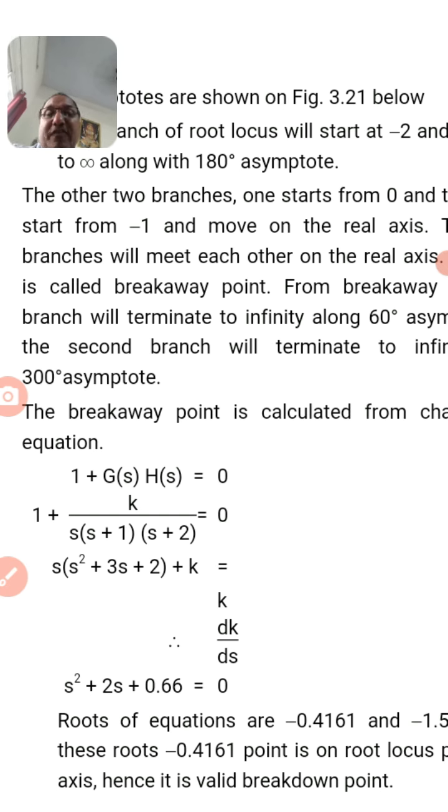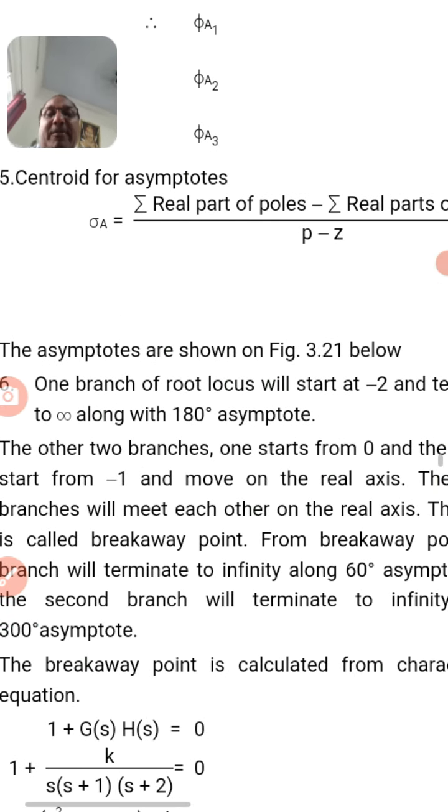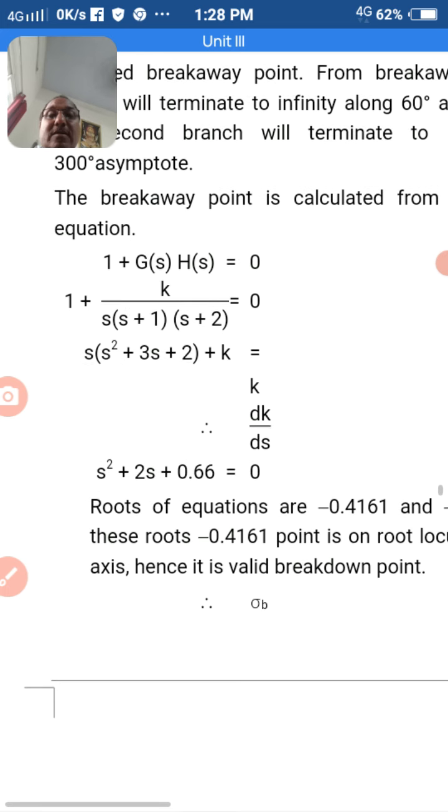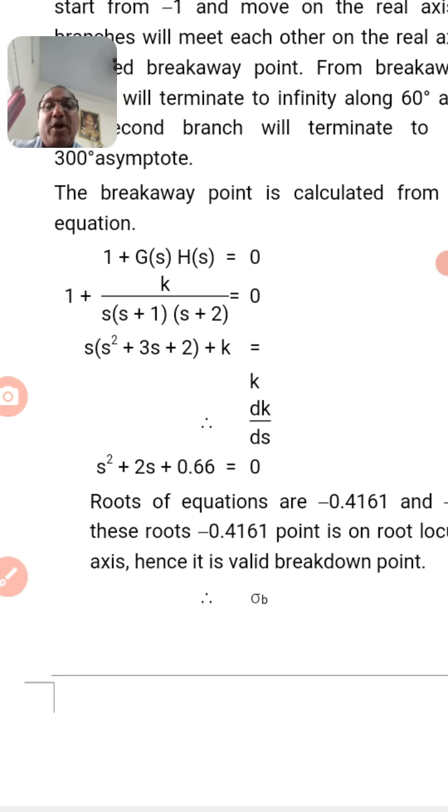As I have G(s)H(s) in the problem as k upon s into (s plus 1) into (s plus 2), 1 plus this total is equal to 0. If I solve this, it becomes s into (s square plus 3s plus 2) plus k is equal to 0.